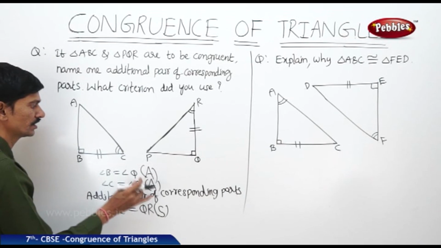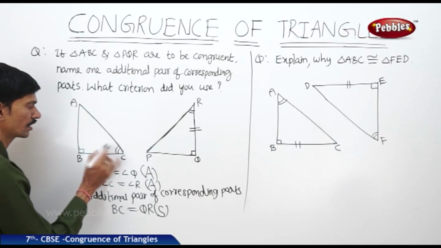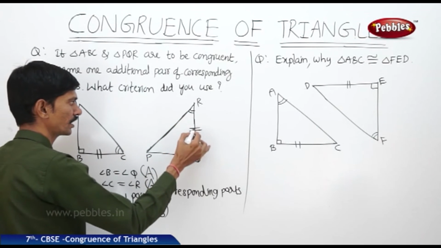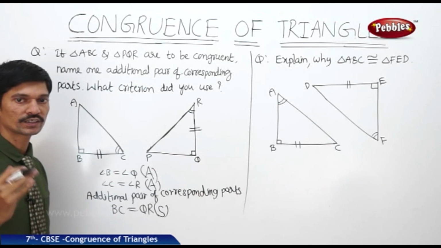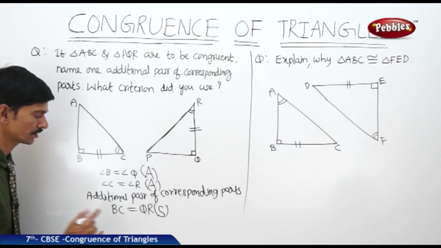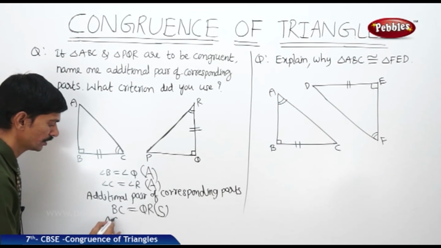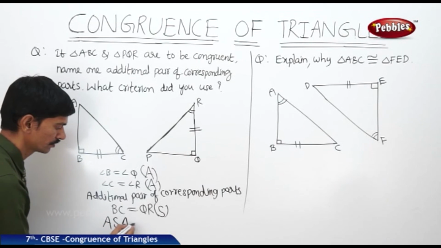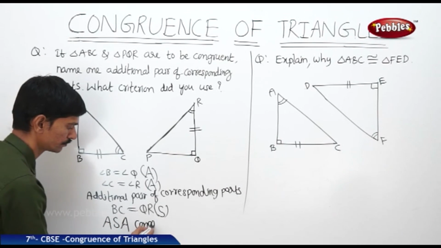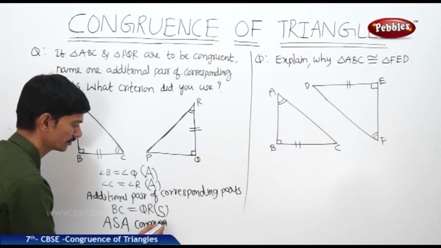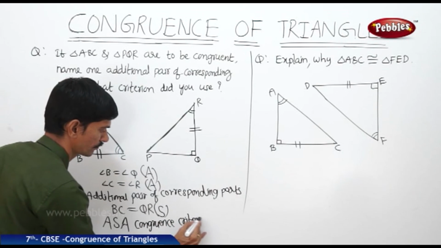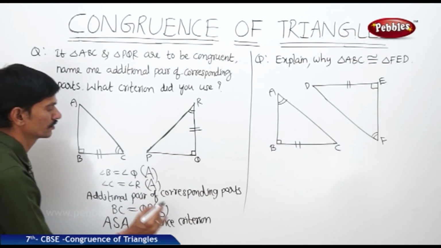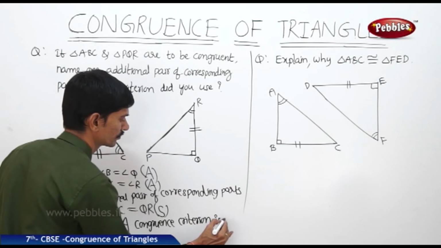By ASA, angle side angle, so here also angle side angle, by the ASA congruence criterion we can say that the two triangles are congruent. So we can say that the ASA congruence criterion is used.